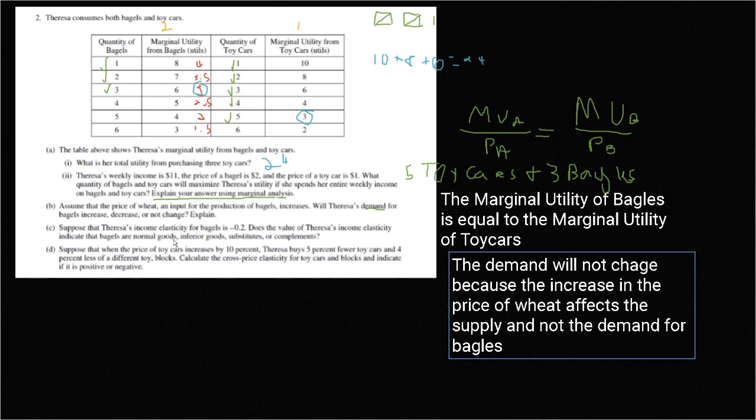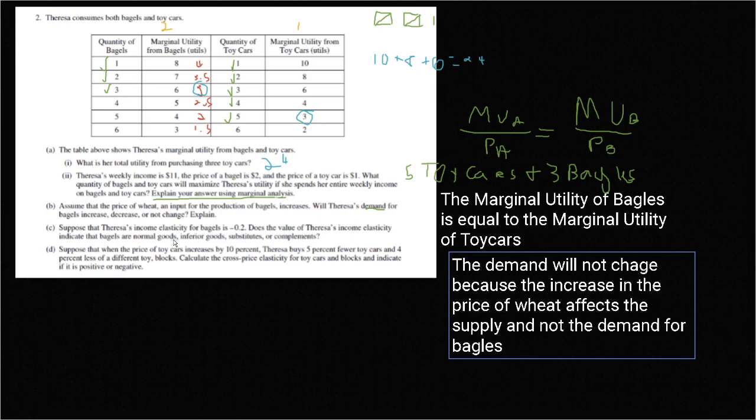Let's see. Suppose that there is an income elasticity of -2. Income elasticity is not really from this unit, but it's still good to remember because it's the end of the semester.